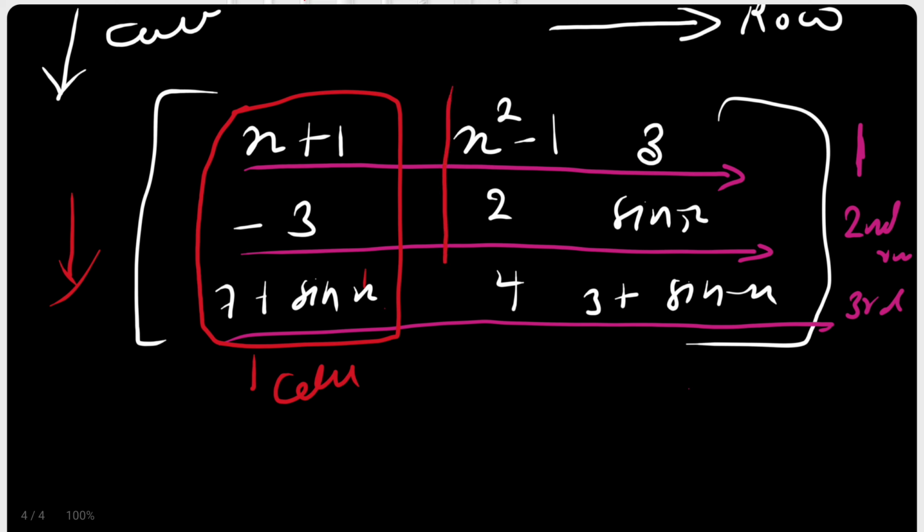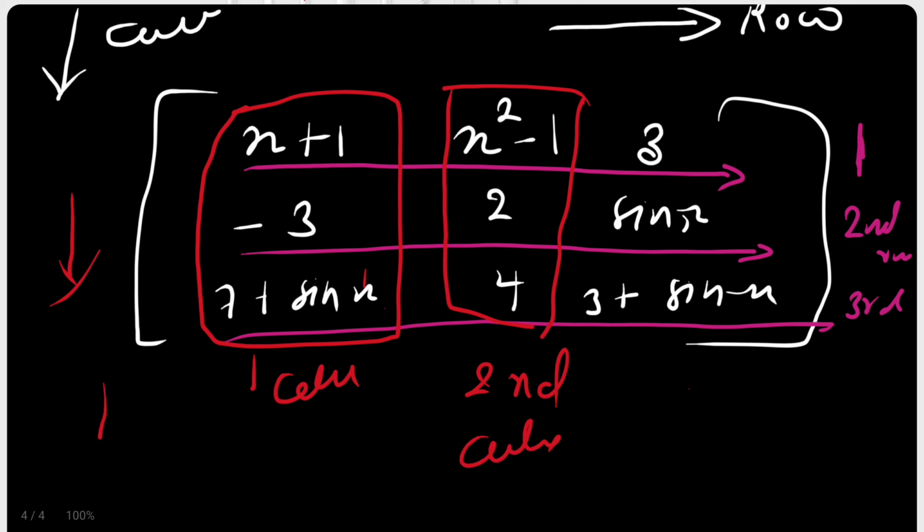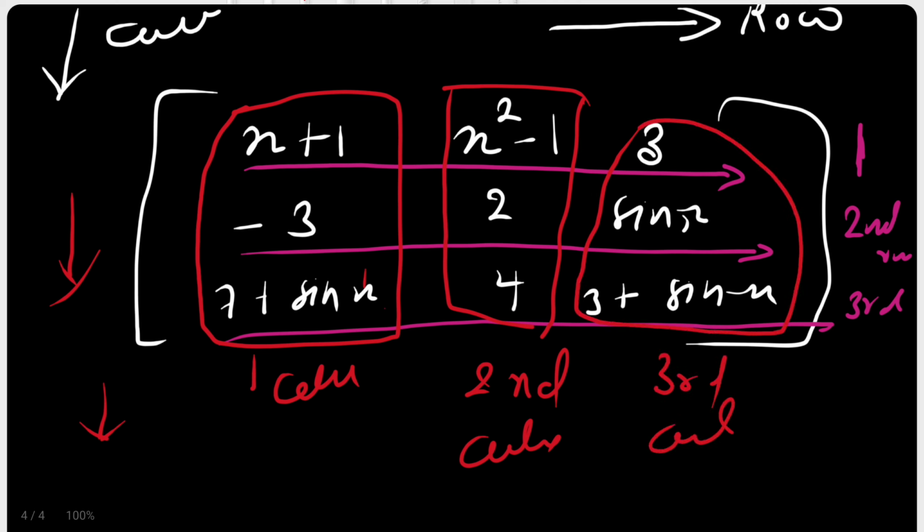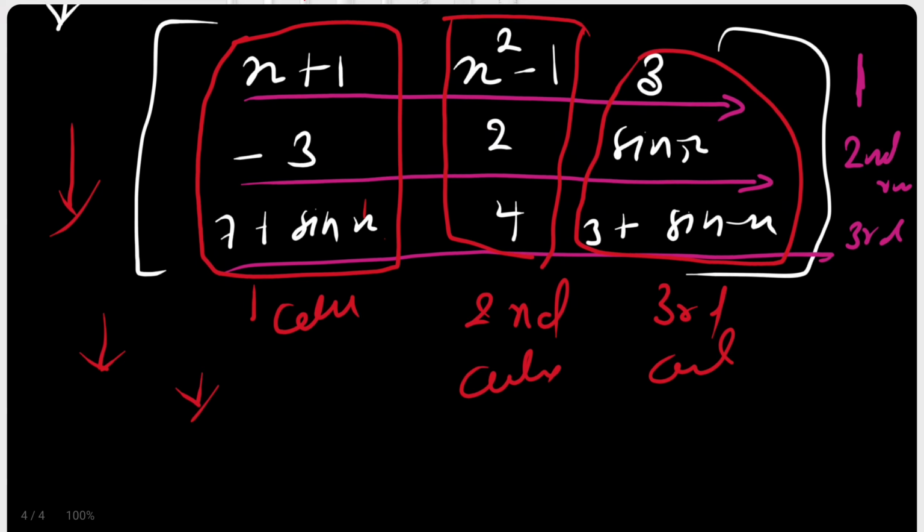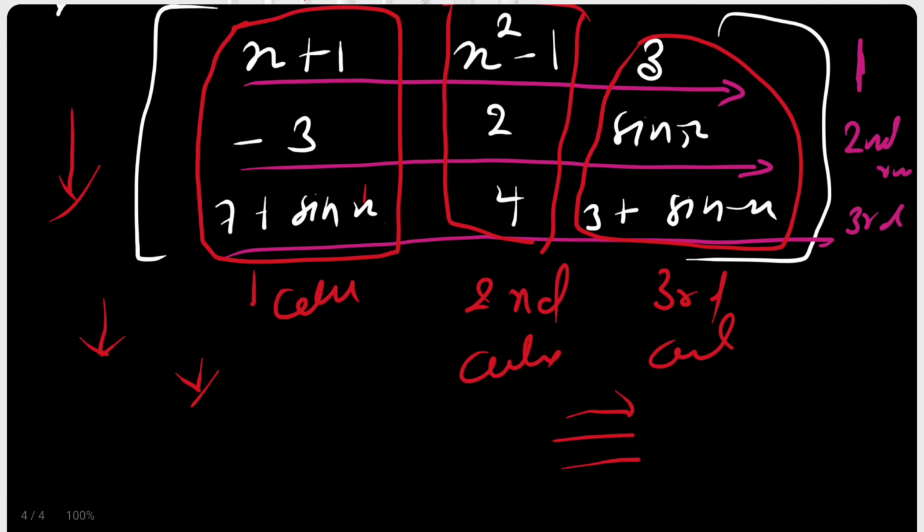Now if you see this one, this is our second column. Why? Because it is like that. And this is our third column. Is it clear? In this one we see that there are 3 rows and 3 columns.